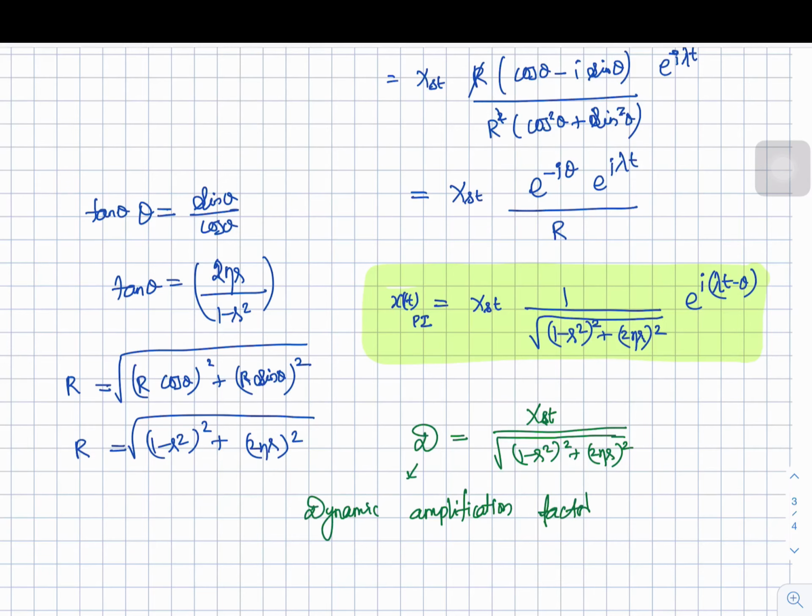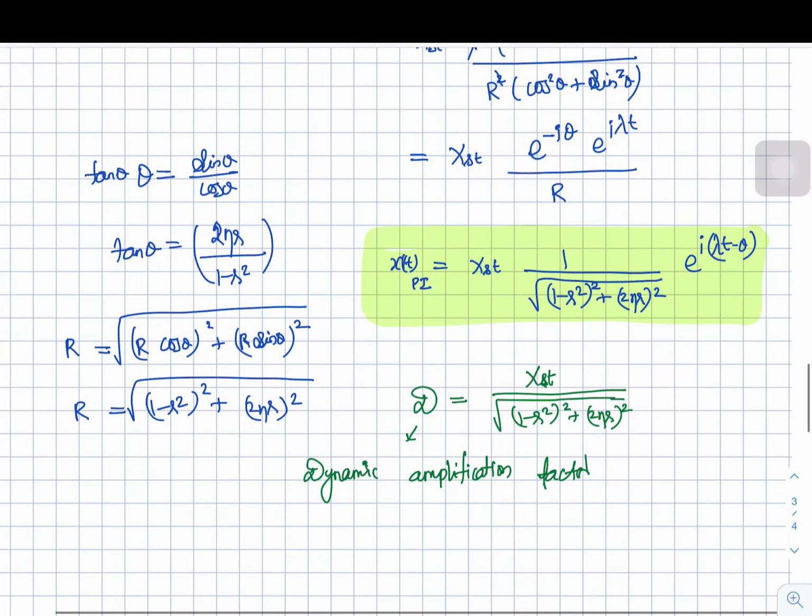This is the dynamic amplification factor because this value depends upon, not x_st, this is 1, so this depends purely on the frequency ratio r.